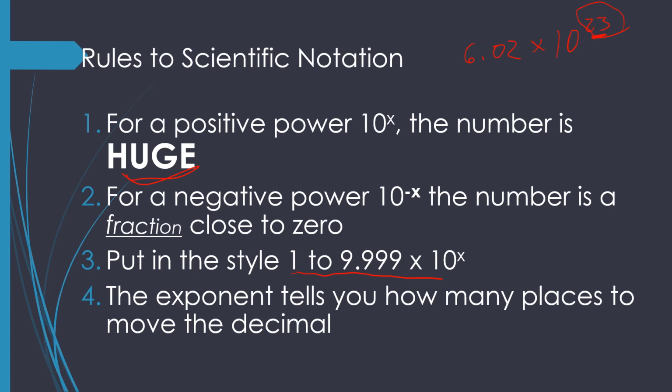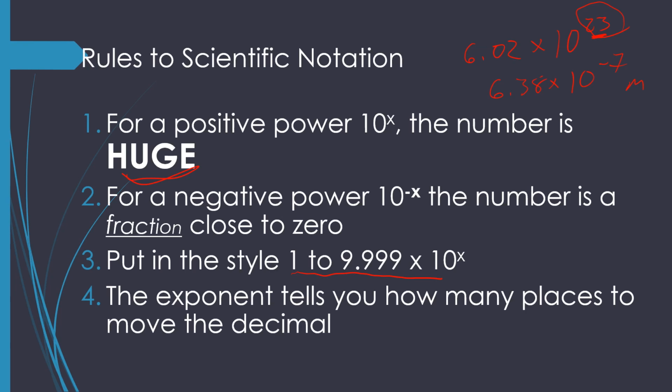When it's negative, and I'm trying to think of a thing we'll use where it's negative, off the top of my head, something like 6.38 times 10 to the minus 7 meters, which is the wavelength of some visible light.